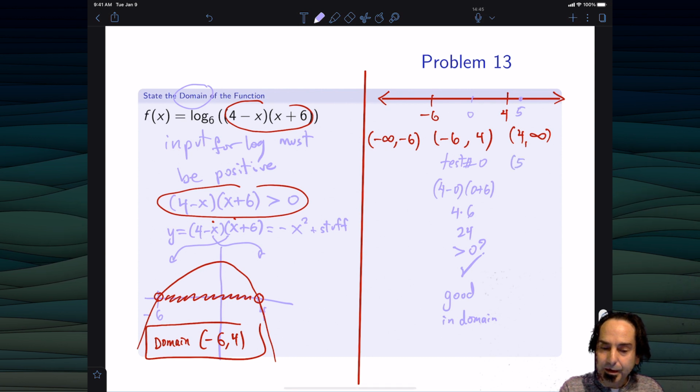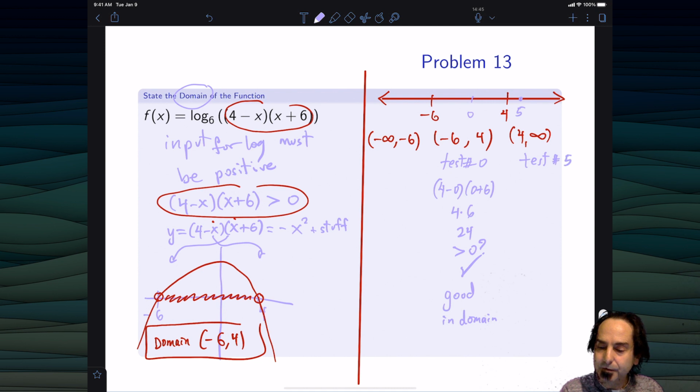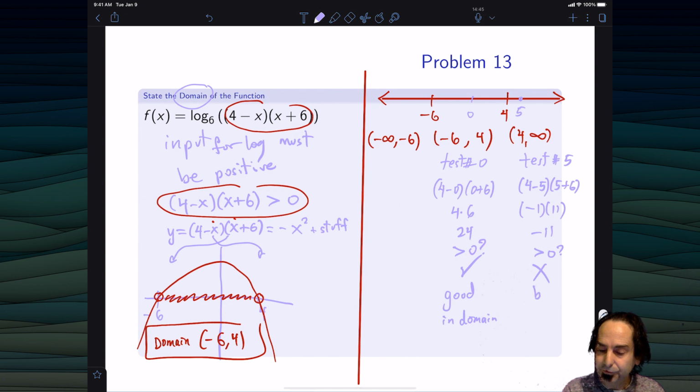That's our test number, and I want to see what happens with 4 minus 5 times 5 plus 6, just setting x equals 5. So I have negative 1 times 11, that's negative 11. And the question is, is this bigger than 0? No, so this is a bad interval, and this is not in the domain.